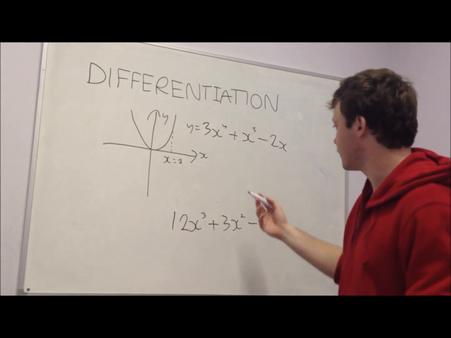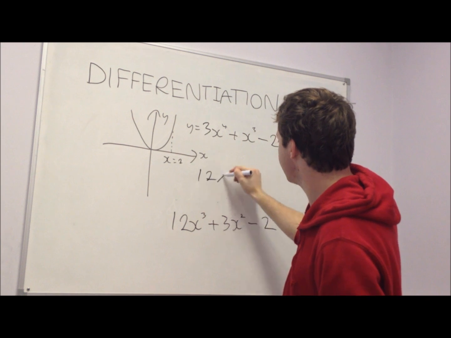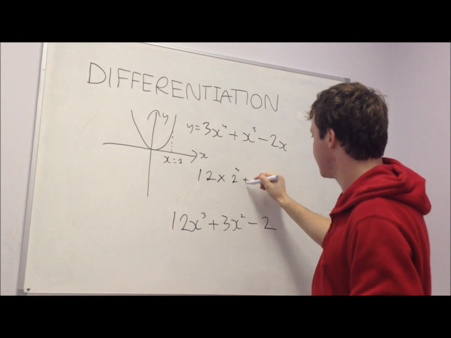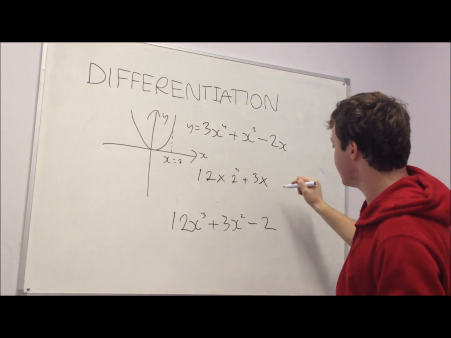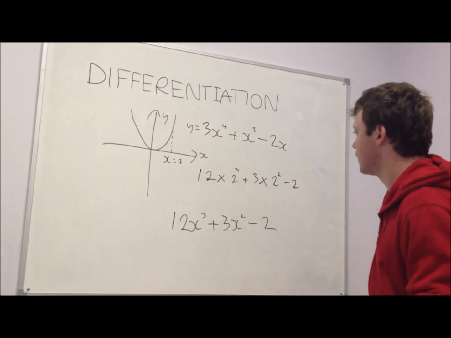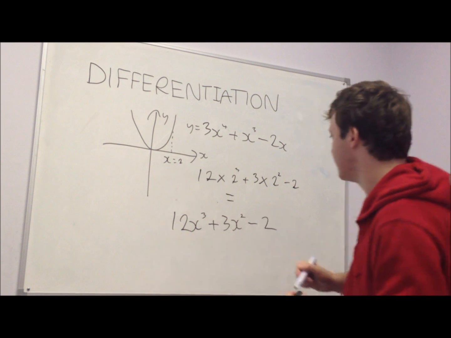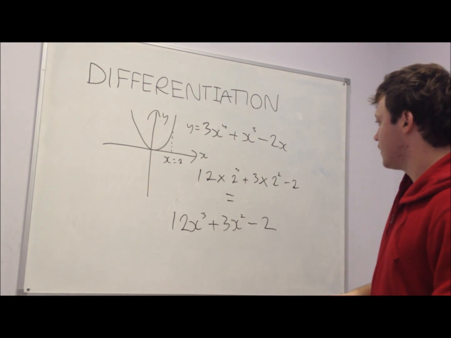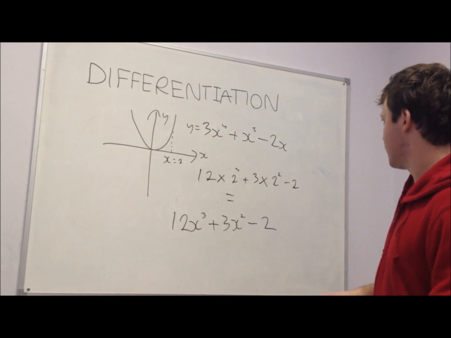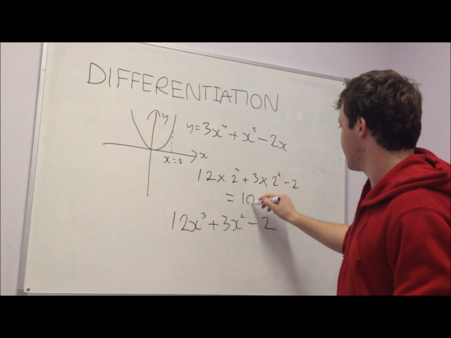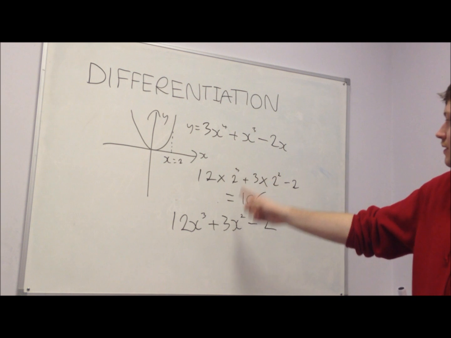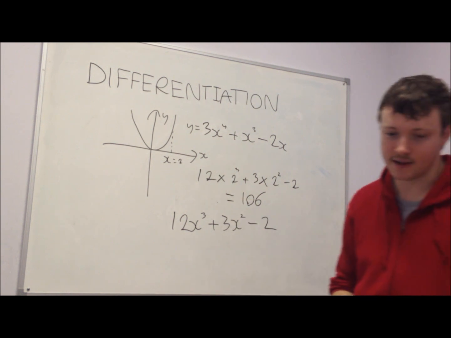Just sub in x equals 2, so it would be 12 times 2 cubed plus 3 times 2 squared minus 2. And that is equal to 106, I think. But essentially that's the important part, and you can insert any x value into this equation here.